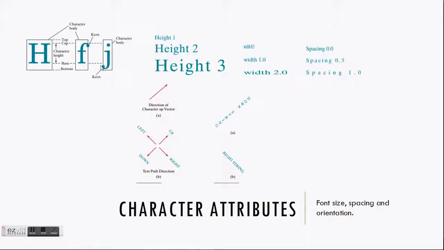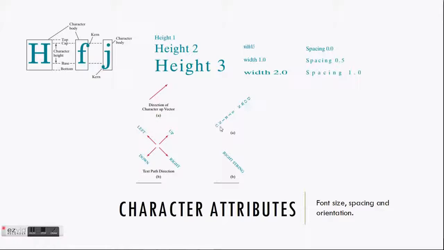For certain characters, there is a term called kern for the curves, like F and J as shown in the figure. Then this is related to the height of the characters, width, and the spacing between two characters.